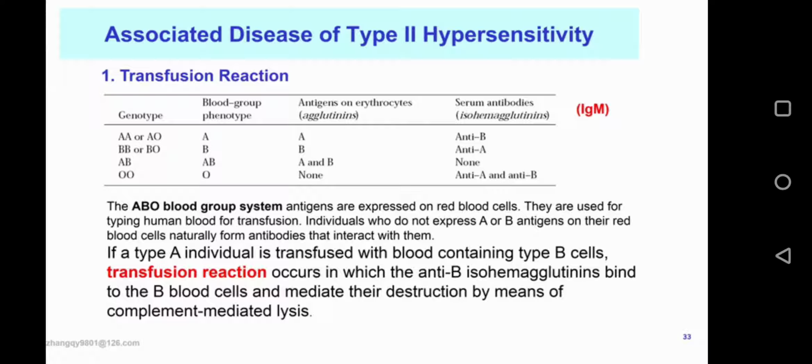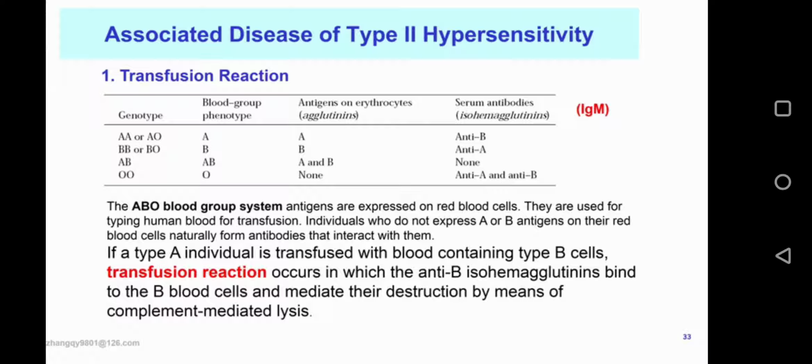Anti-B means they have the antigen, no antibody. So where is the antigen? For the individual with type A, they have no anti-A, is it clear, right? Yeah. But why do they have anti-B? Anti-B means they have B antigen.